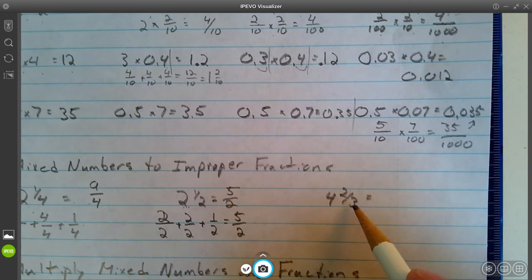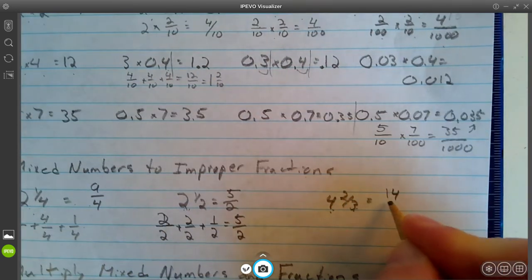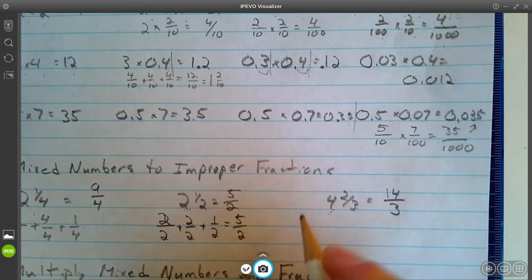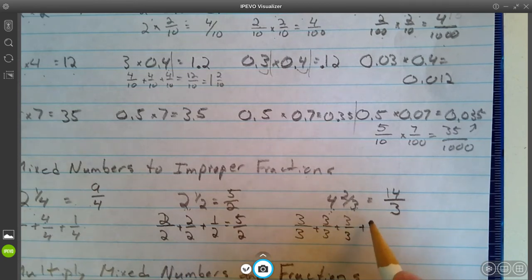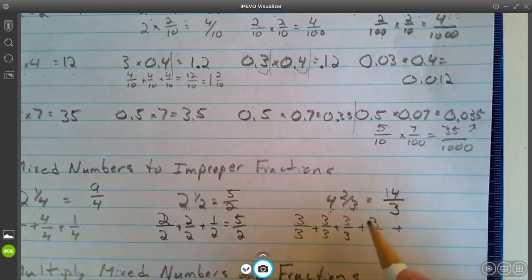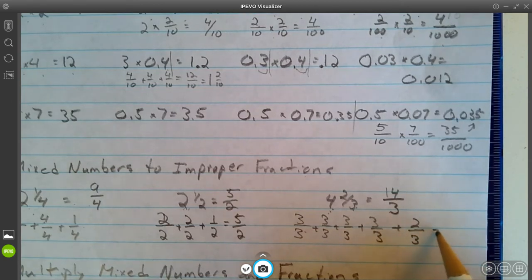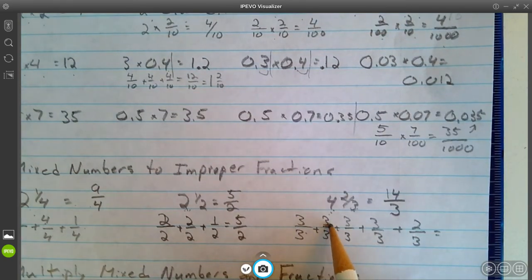The shortcut is just multiply the denominator times the whole number. 3 times 4, that's 12. Add 2 more, that's 14. So 14 thirds. So that's 3/3 plus 3/3 plus 3/3 plus 3/3 plus 2/3. 3, 6, 9, 12, 14.